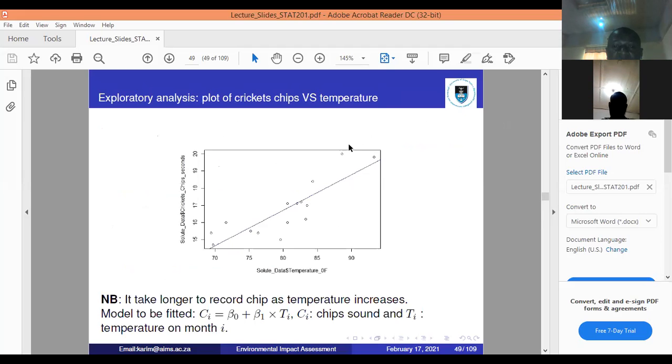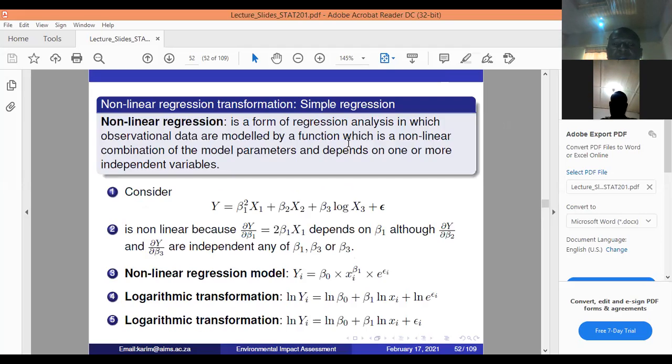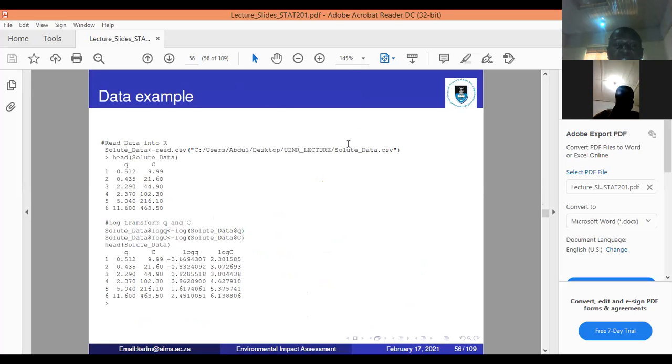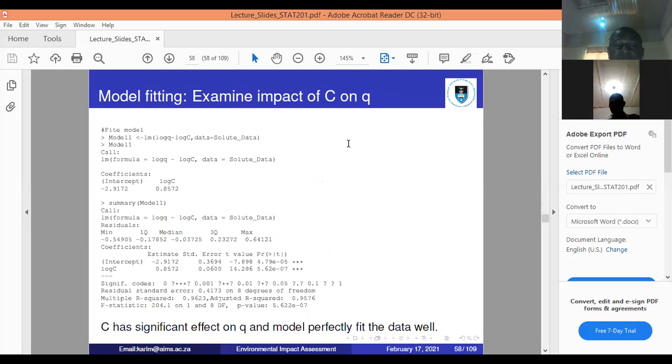Then we looked at a situation where we have to take a log transformation of the data to linearize the model to fit our linear model. We did that with the amount of solute absorbed in the soil, and we have the results here, and we interpreted those results as well.